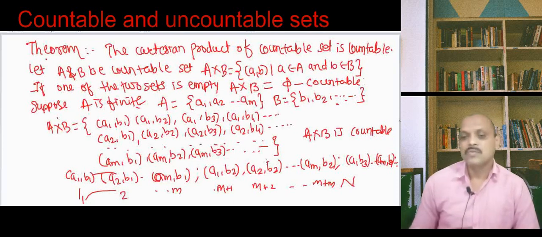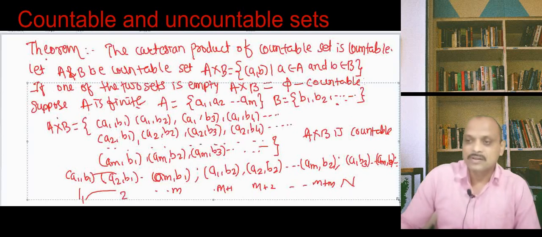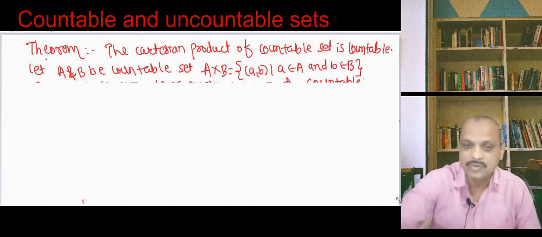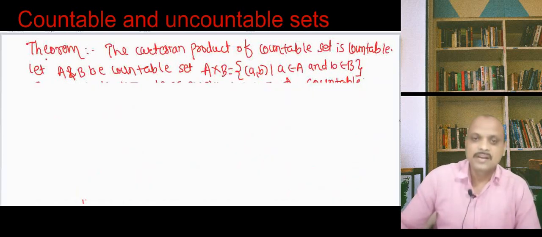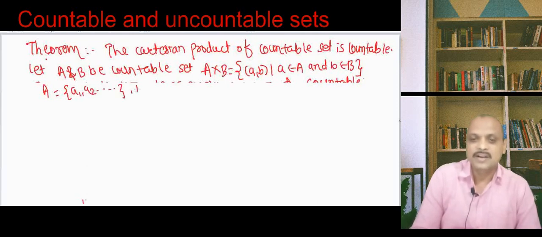Now what happens if A is infinite? Then you can see that in this case also the set is countable. So let us take A as an infinite set. Suppose A has elements a1, a2, and so on, and B has elements b1, b2, and so on.